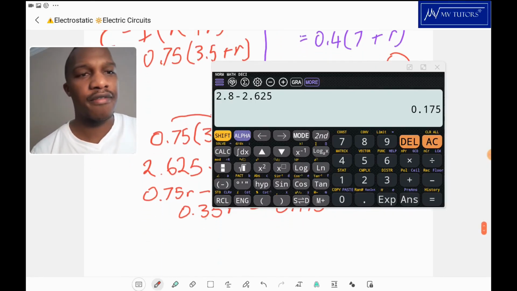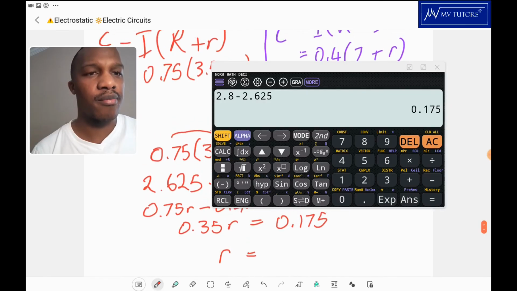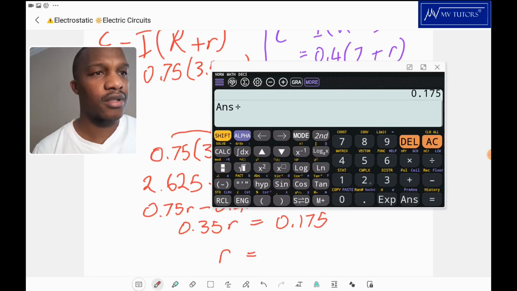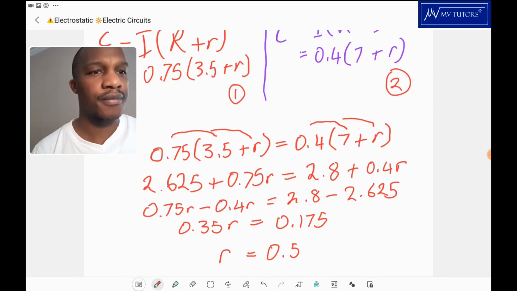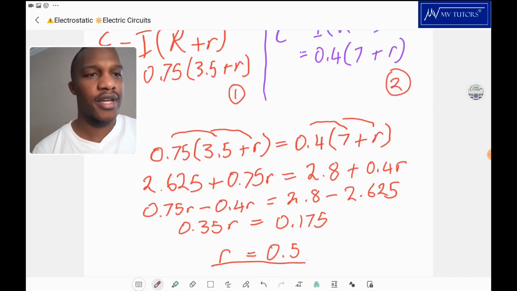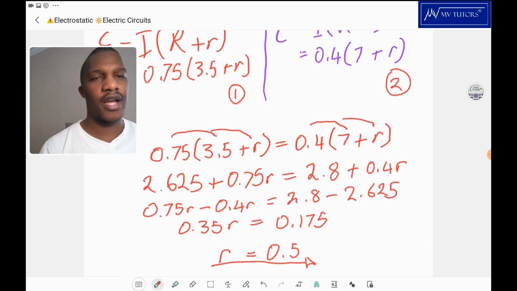Then my final answer: divide both sides by 0.35. So I'm just going to divide that answer by 0.35, and my final answer is 0.5. Okay, so that is my final answer.